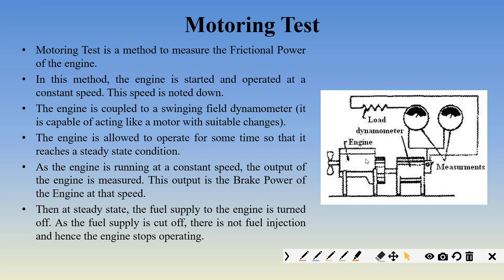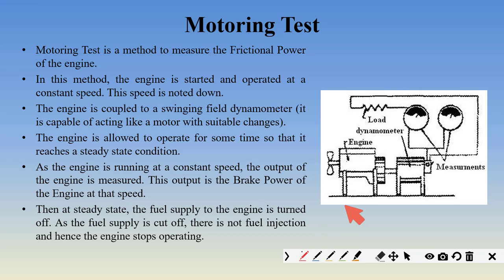Initially, we drive the engine, we supply fuel to the engine, it is running, and because of the engine, this dynamometer is running, right? The dynamometer is providing the load and the engine is working against this load provided by the dynamometer, right? And that is how we measure the brake power of the engine.